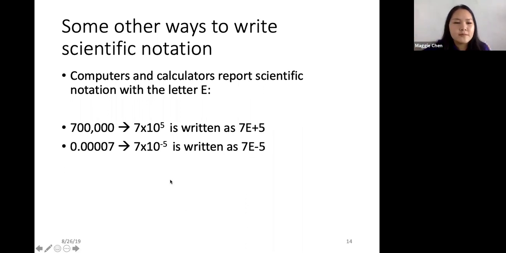If we were looking at 700,000, we can rewrite this in scientific notation as 7 times 10 to the 5. They mean the same thing, and it also means the same thing as 7e plus 5. And same thing for really small numbers like 0.00007. We'll rewrite this as 7 times 10 to the negative 5, or 7e minus 5. They all mean the same thing. The e just indicates the 10 to the whatever.